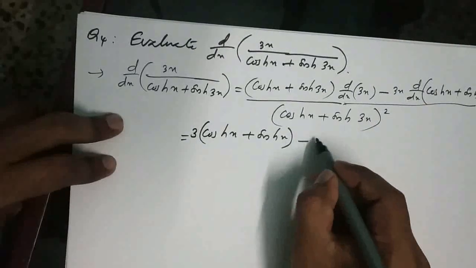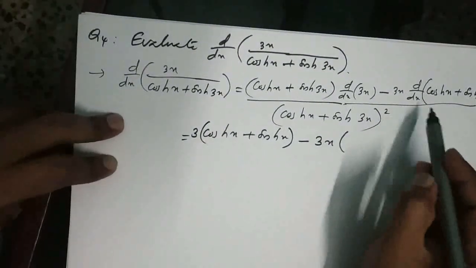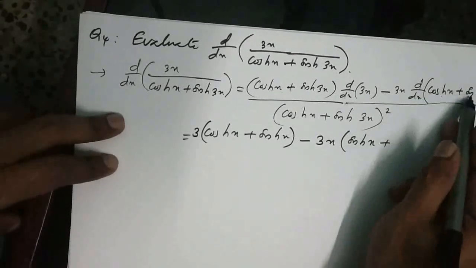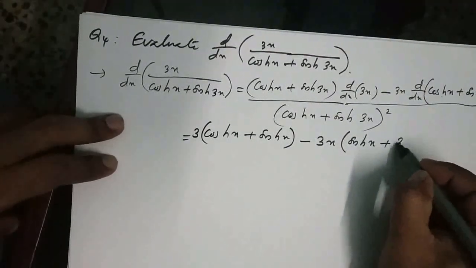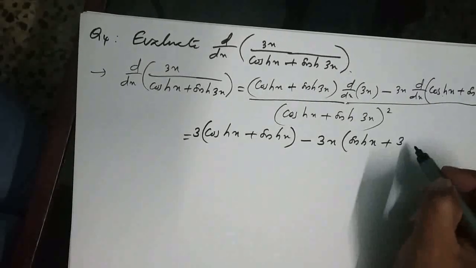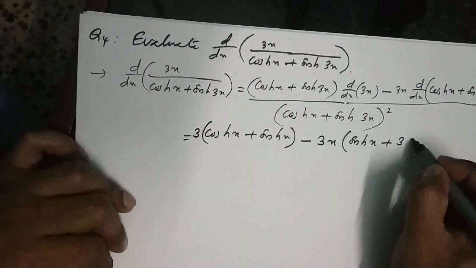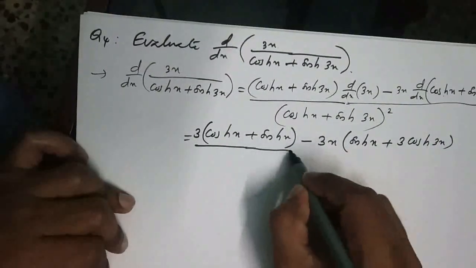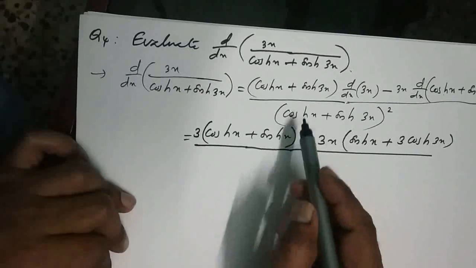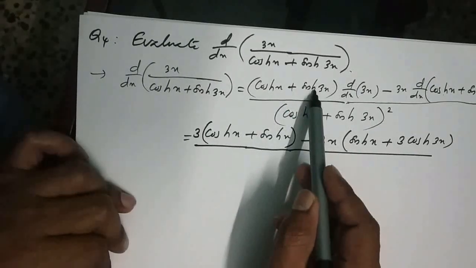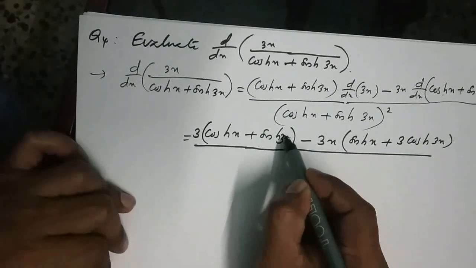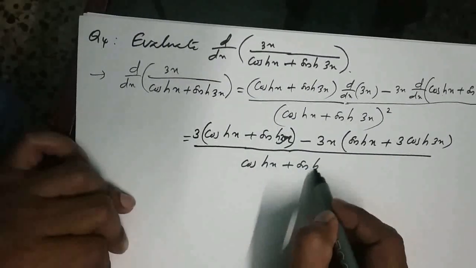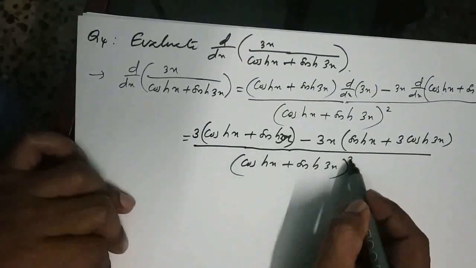Minus 3x into the derivative of cosh x, which is sinh x, plus the derivative of sinh 3x, which is cosh 3x into the derivative of 3x, so 3 cosh 3x, all divided by the denominator cosh x plus sinh 3x whole square.